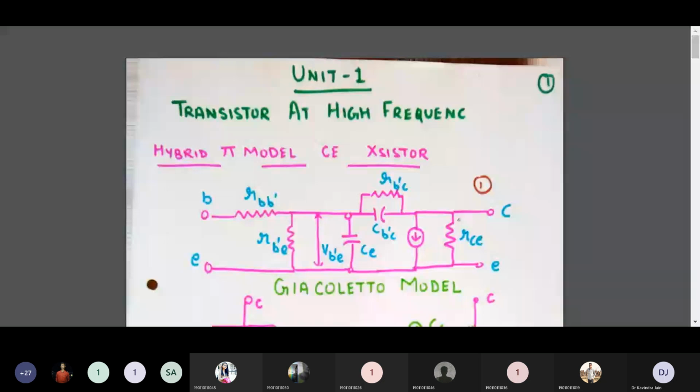Yes, sir. Is anything remaining or have you written all the points? Sir, you had us write the hybrid one at the end, that is remaining; I have written up to higher frequency analysis. What point did you write, please tell? At higher frequency, H parameter becomes complex, so hybrid pi model is used for higher frequency analysis.